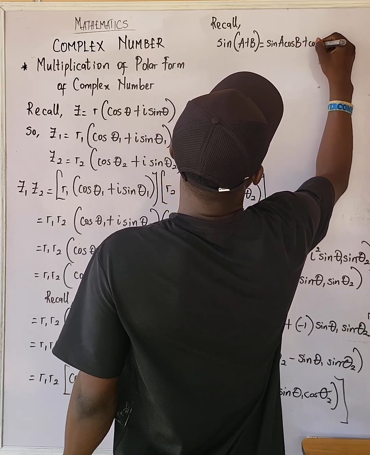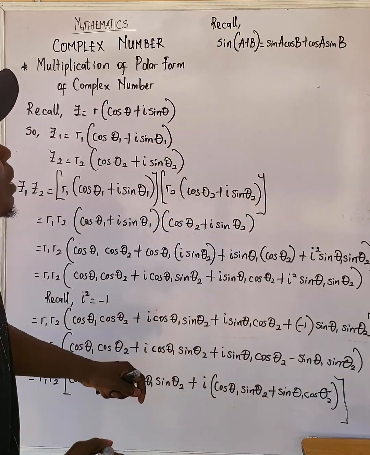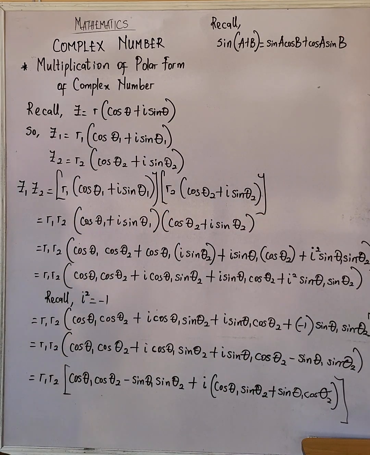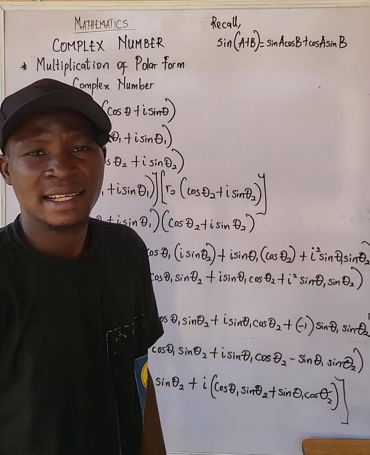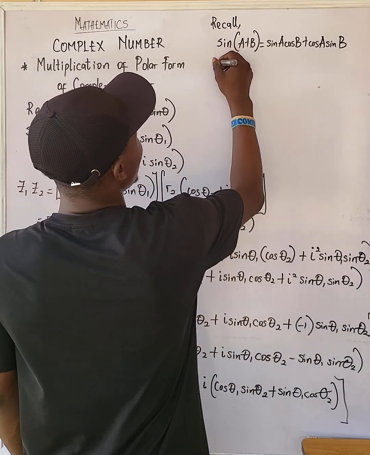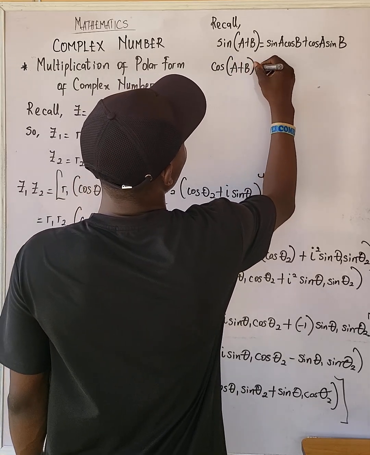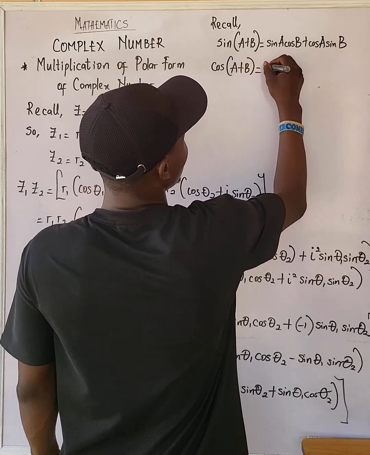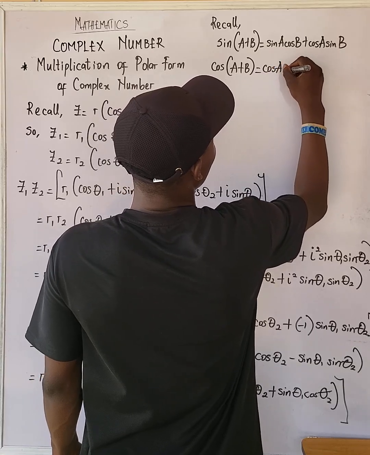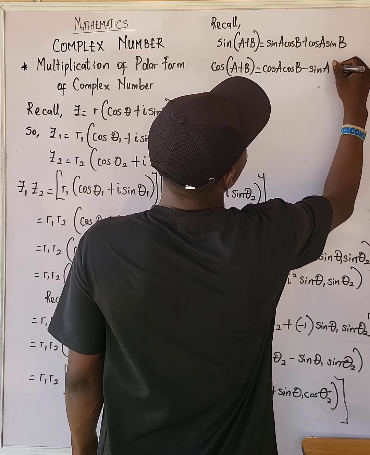You recall that when you have sine A plus B, it is sine A cos B plus cos A sine B, right? So what again are we to recall? When you have cos A plus B, it is cos A cos B minus sine A sine B.